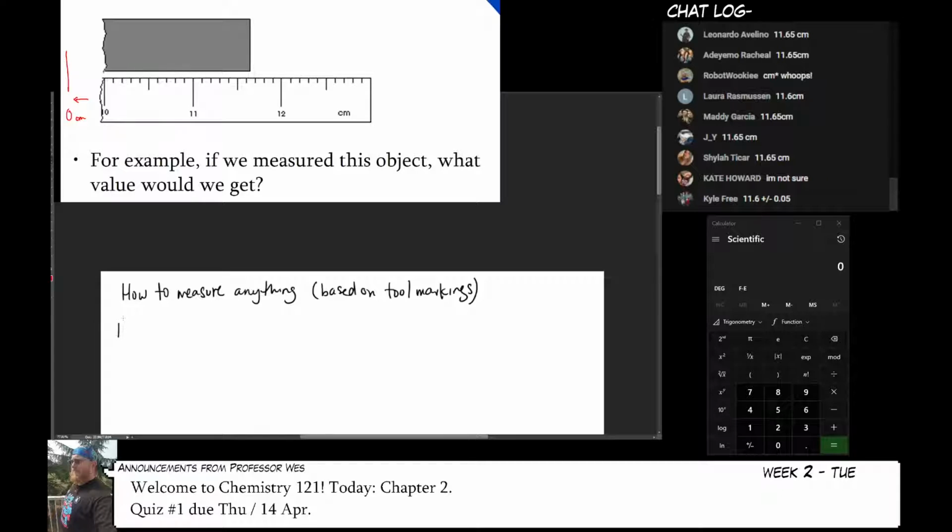Okay. So step 1, what you're going to do is you're going to identify the 2 marks the object lands between.